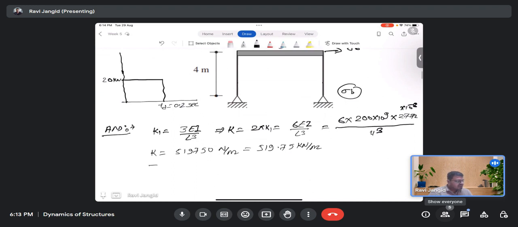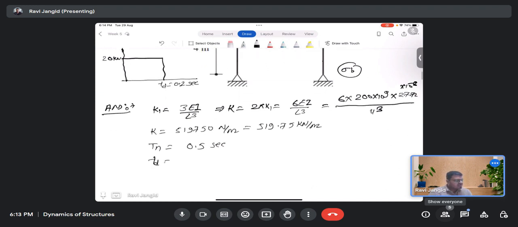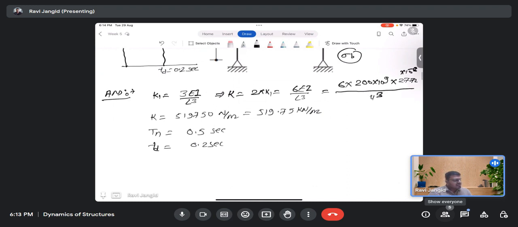Now we can find the time period. We have been given the time period Tn equal to 0.5 second, and Td is given as 0.2 second. For the rectangular pulse, whether the maximum response would be during the free vibration or the forced vibration, I need to find the Td by Tn ratio. Td by Tn is 0.2 divided by 0.5, which comes out to be 0.4.